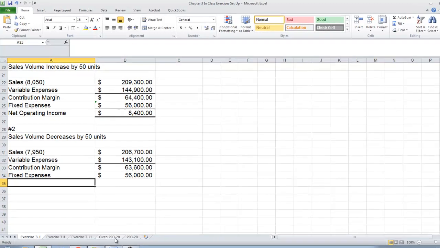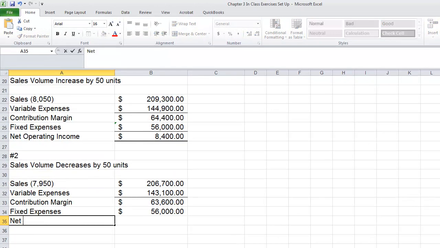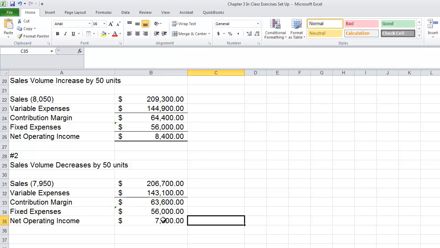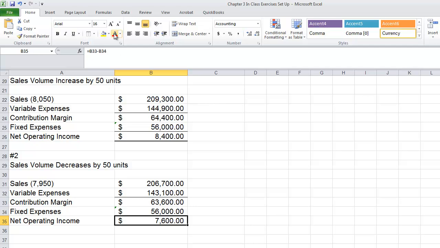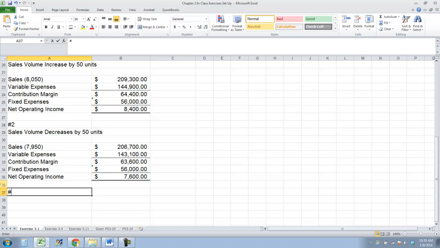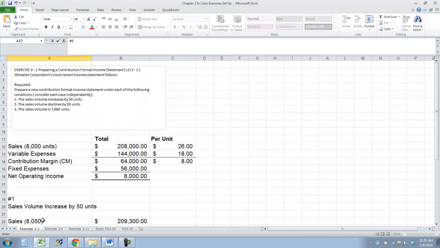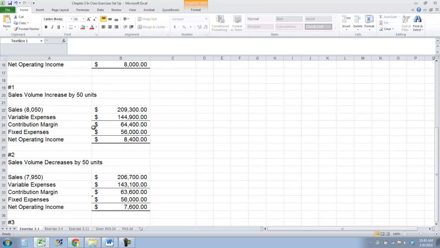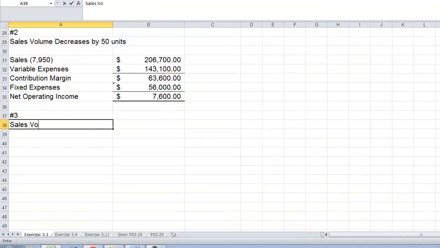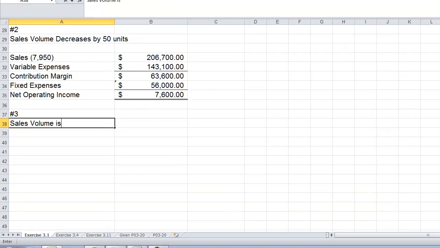And now we're going to have net operating income of 7,600. And situation number 3. The sales volume is 7,000 units.